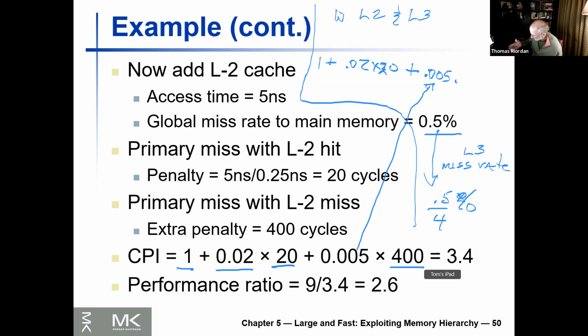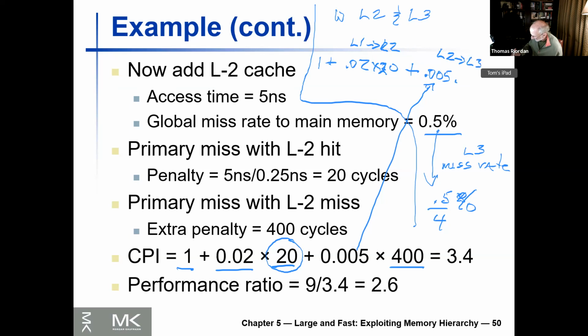So as long as we're still on the chip, the miss penalty between one level of cache and the next level of cache will always be a number that's typically about this size, 20. Or again, if we work really hard, we could get it down to 10, but let's just assume it's 20 again. So this is L1 to L2, this is L2 to L3.